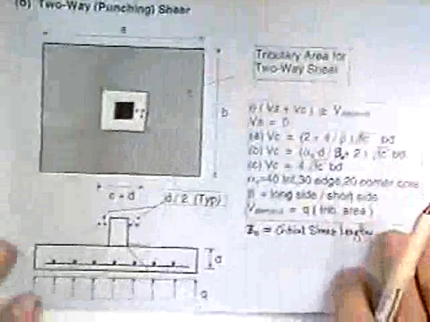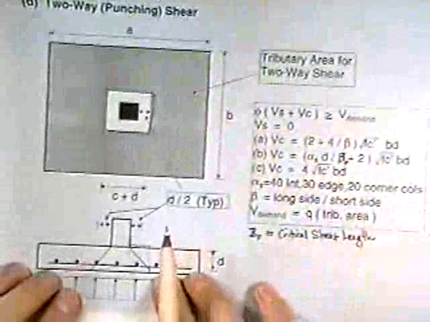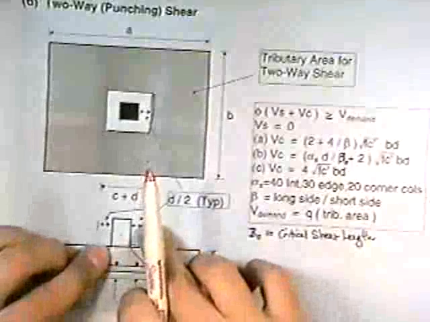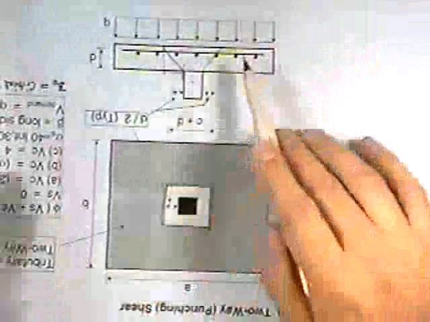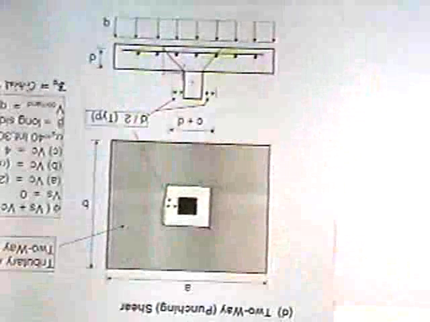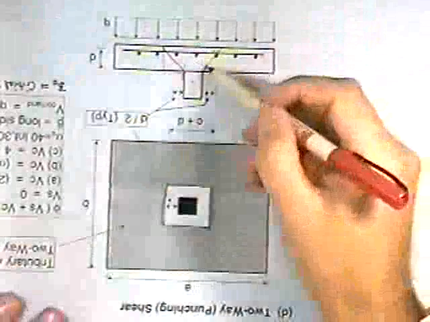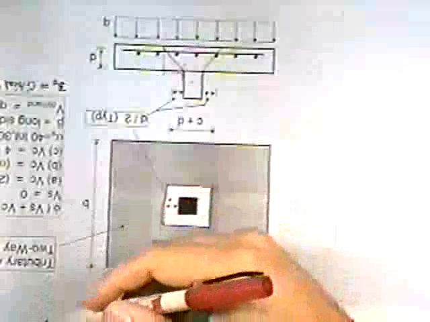Now, for two-way shear, the mechanism is a little different. What's happening is that the whole footing is now sliding up the column. If you flip it over again, your whole footing is sliding through, so the column is punching right through. That mechanism is different from the previous one.